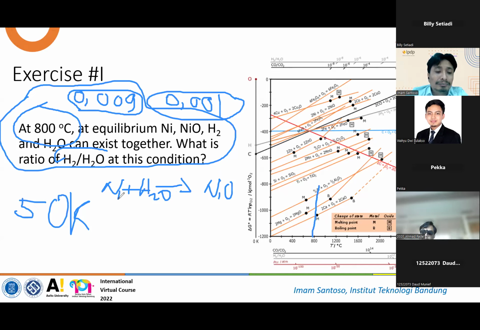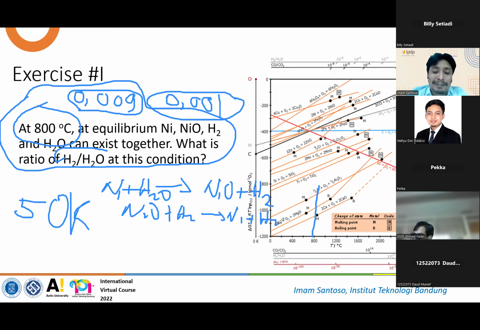Or nickel oxide plus hydrogen becomes nickel plus water.